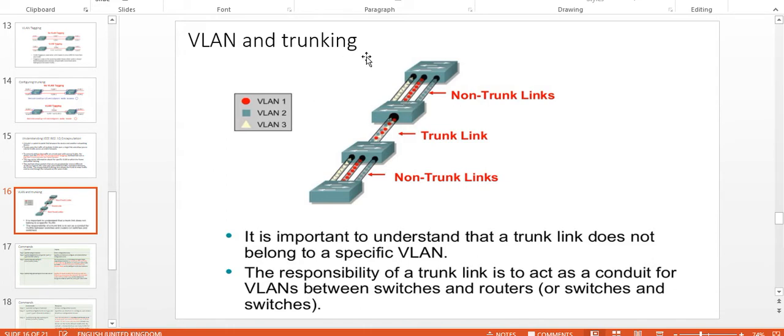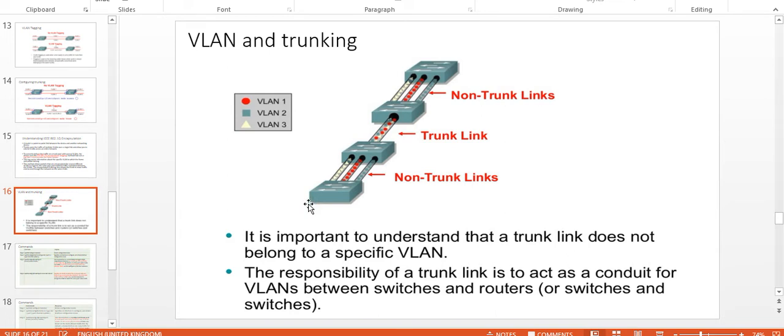So trunking makes the communication of multiple VLANs possible, right? But if you're not using it, you can at a time only use a specific VLAN. Either one, either two, either three.